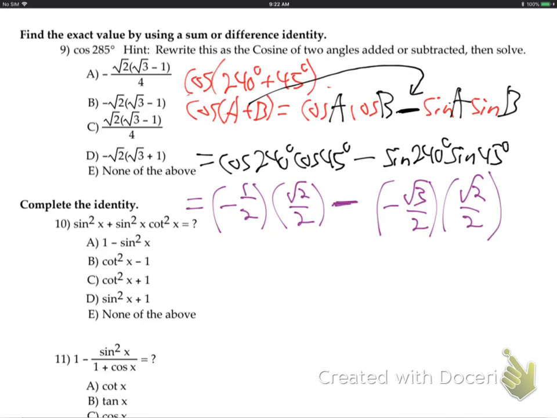See that? Is that good? And now, multiply these together. So these guys multiply, you're going to get what? Negative root 2 over 4 plus, see the two minuses will make plus, root 6 over 4.